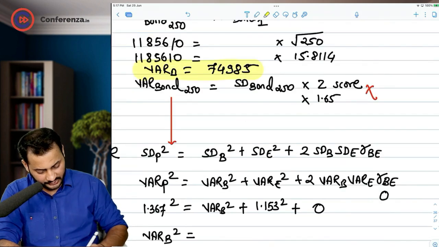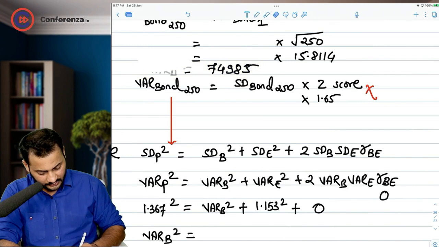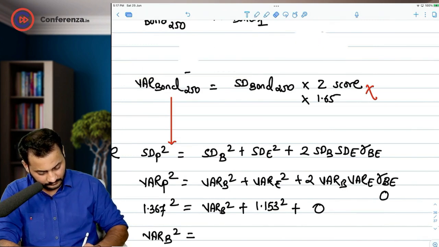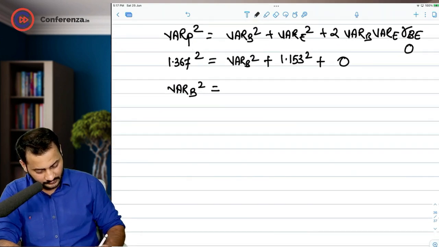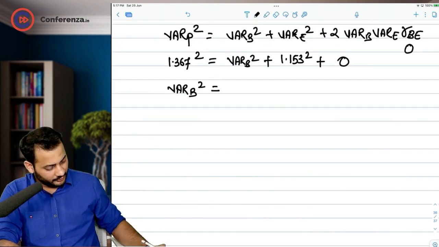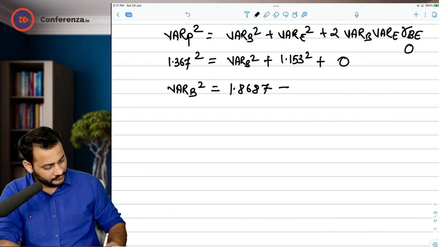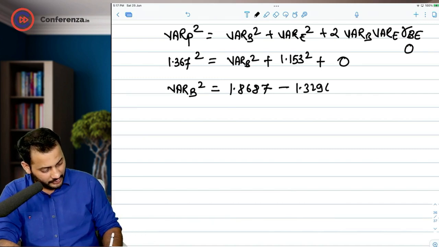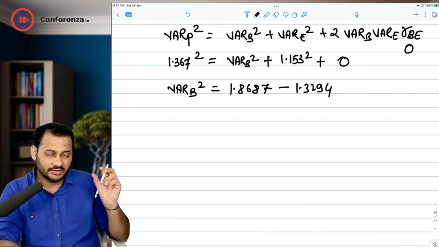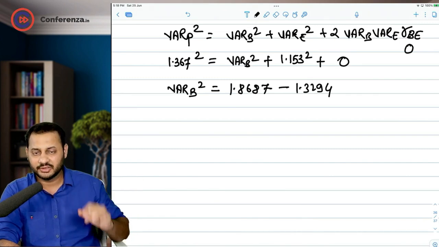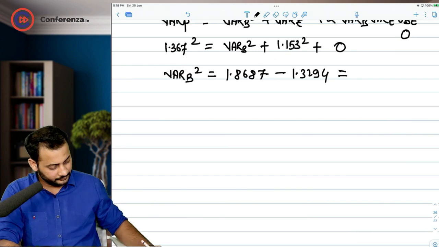We will have to change the answer a little. Let me just correct myself. It will be like this. 1.367 square is 1.8687 minus 1.3294. It should have been subtraction instead of division. That's where I went wrong.